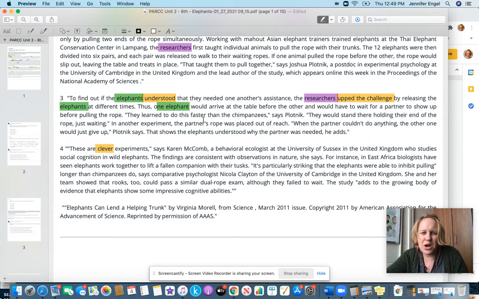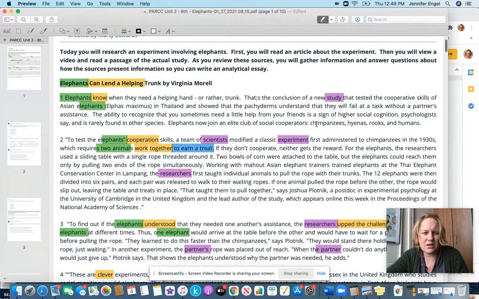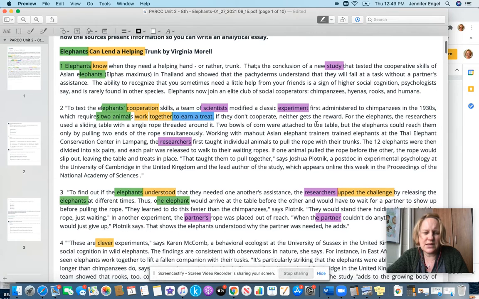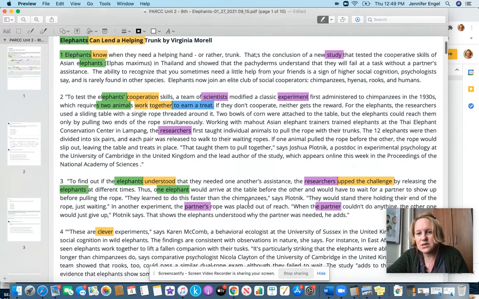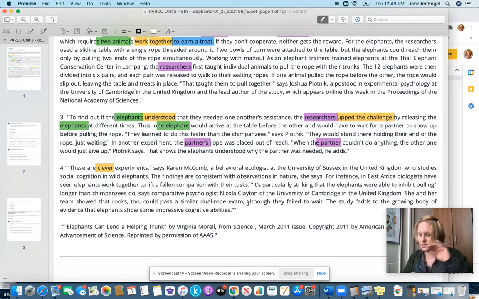I'm seeing the word partner a lot. And I do remember at the beginning it said something about elephants can lend a helping hand by working together. So I'm just going to assume that this repeated word partner is equal to the elephants.